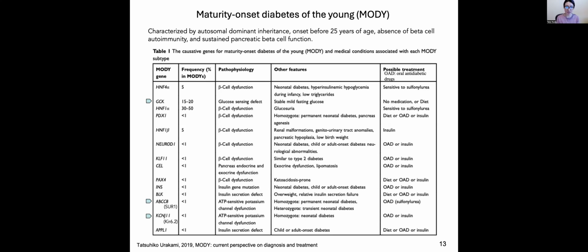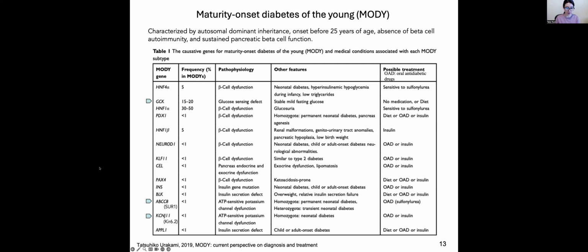Glucokinase is also recognized as a glucose sensor. So you can imagine if the glucokinase gene is mutated, you will have some form of compromised insulin secretion, therefore some form of diabetes. In this case, it is MODY, specifically MODY 2.